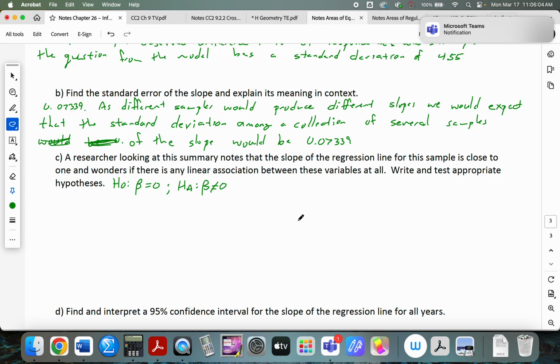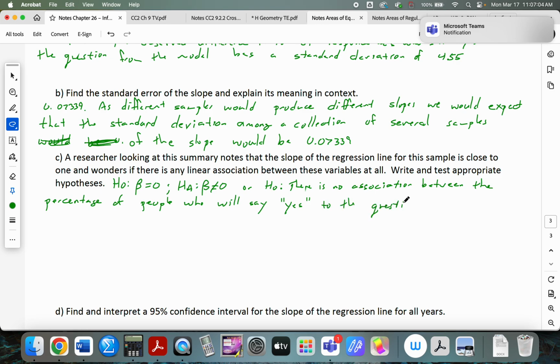Another way of saying this, and you'll see this sometimes, and I do this primarily because you can get multiple choice questions and they may say it the other way, is that our null hypothesis is there is no association between the percentage of people who will say yes to the question and the year.